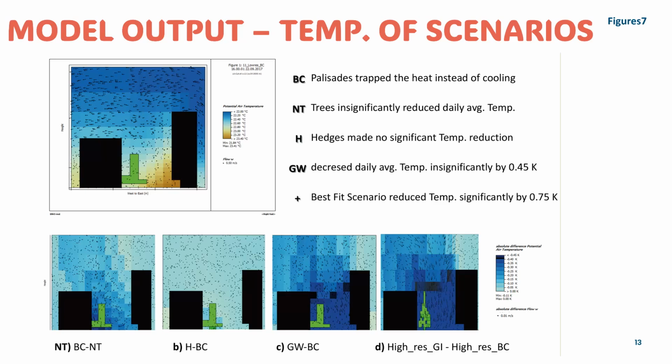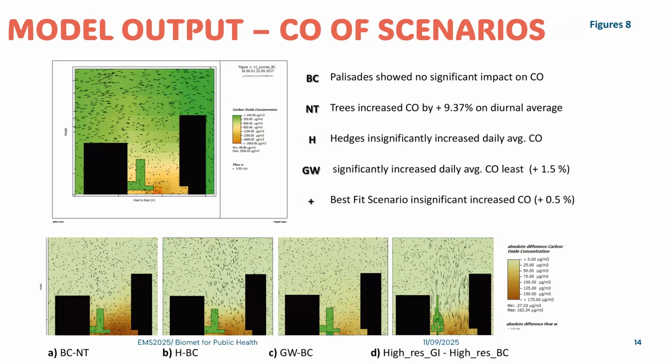This is one part, and the second part was the carbon monoxide pollution levels, which I personally found most shocking actually, I must admit, because I thought that planting green infrastructure would reduce pollution levels. However, I found that it was the opposite. In this scenario, planting the trees, and all others as well, actually increased carbon monoxide pollution levels significantly.